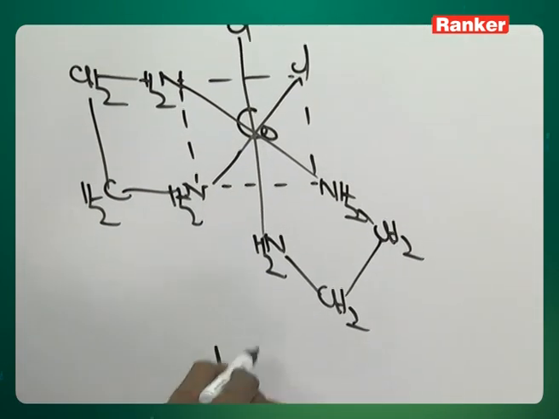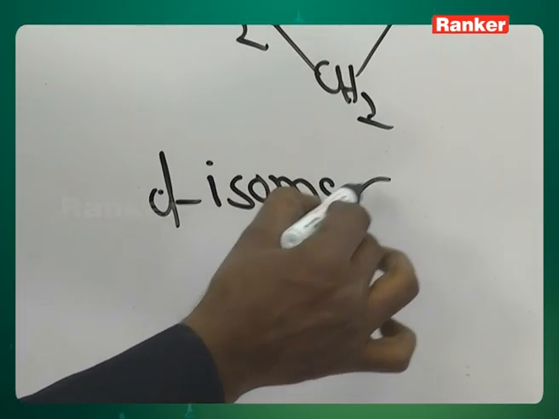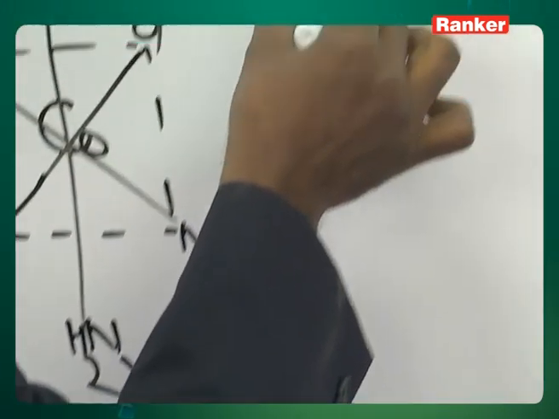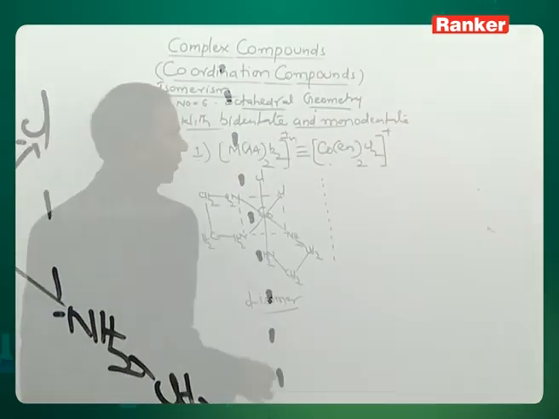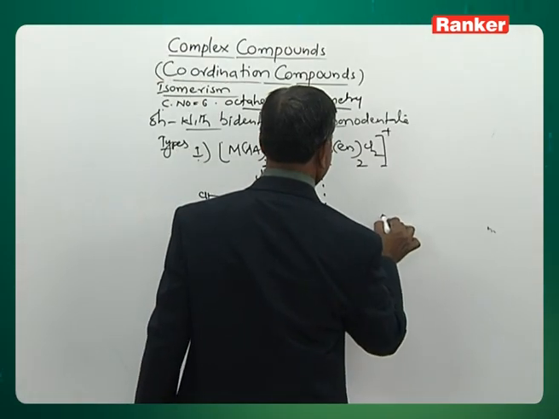Take this as D isomer, so this is optically active. Put the mirror plane, and take this next as L isomer.